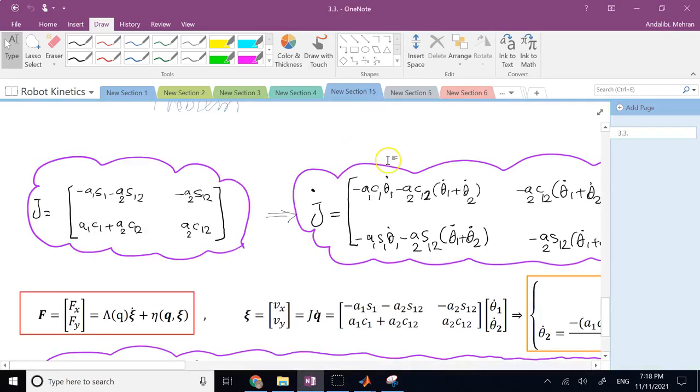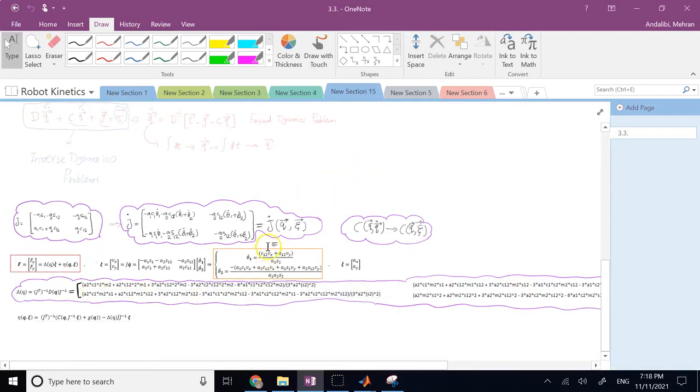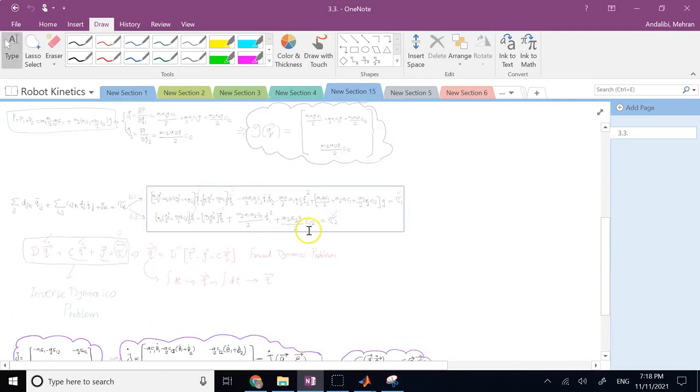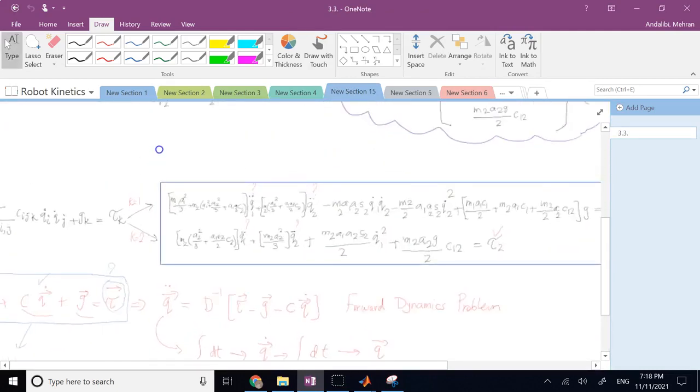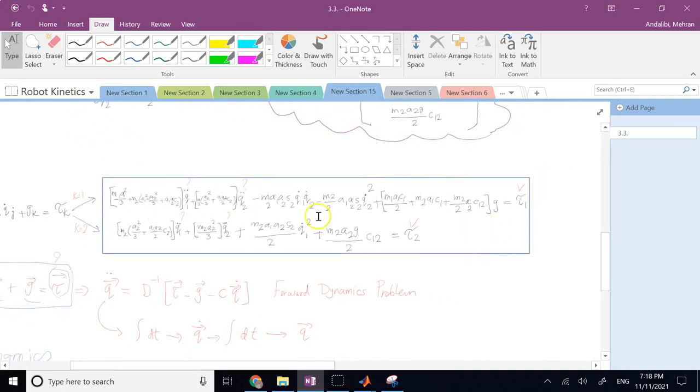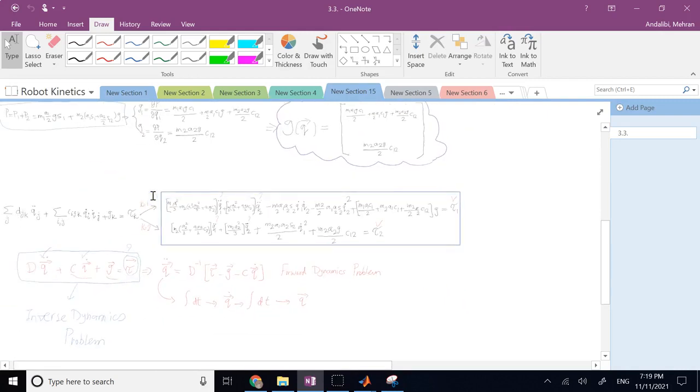We did that last time in a separate OneNote page, and these two were the governing equations in terms of the masses of the links, the lengths of the links, and everything. We have the acceleration terms, the double dots, the centripetal terms, and the Coriolis terms like this one.